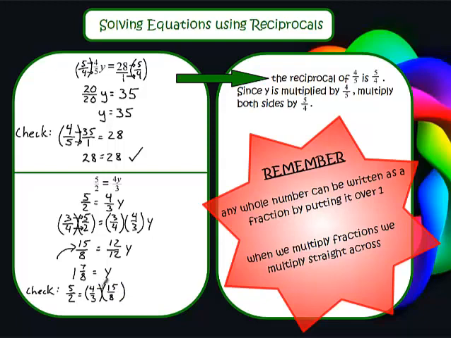And when I multiply straight across, I do end up getting, well, this is actually 60 over 24, and reduced, that is 5 over 2. Check.